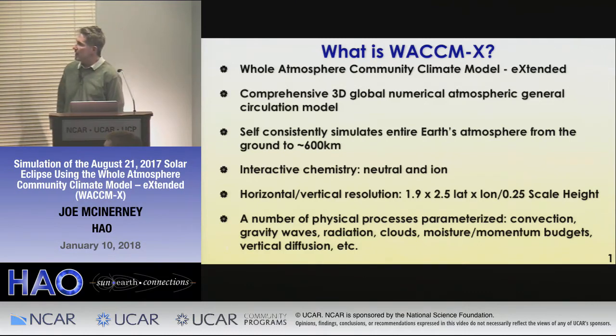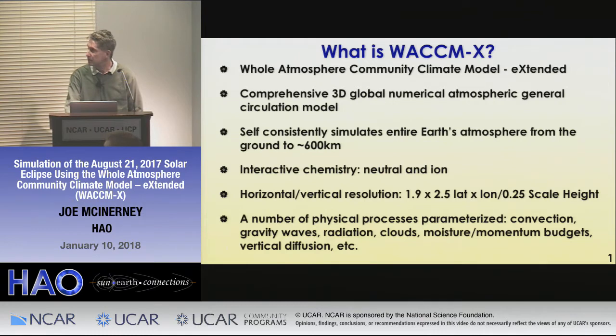We've got neutral and ion interactive chemistry in the model. Our standard resolution is 1.9 by 2.5 latitude, longitude in the horizontal, and a quarter scale height in the vertical. And because this is based on a climate model, there's a lot of parameterizations in the model, and I've listed some of those there.